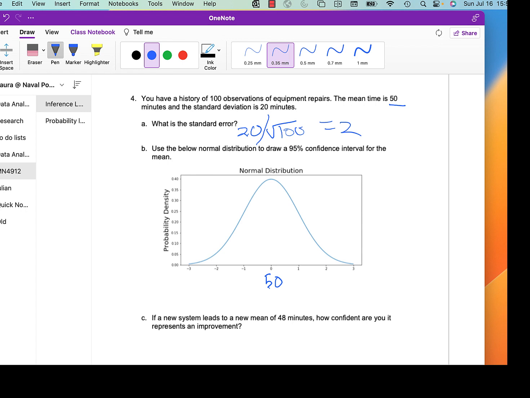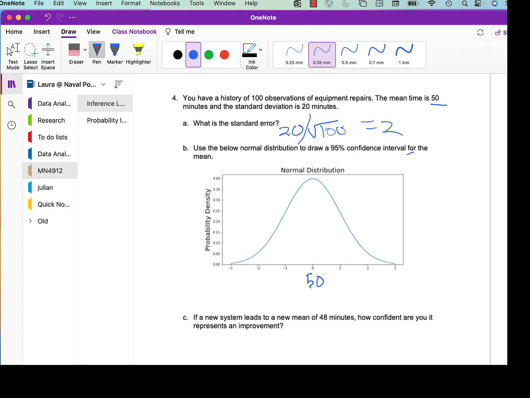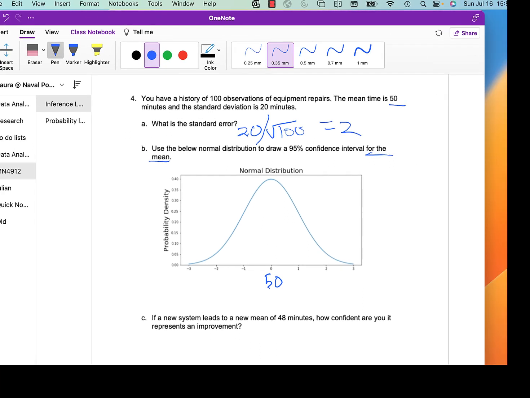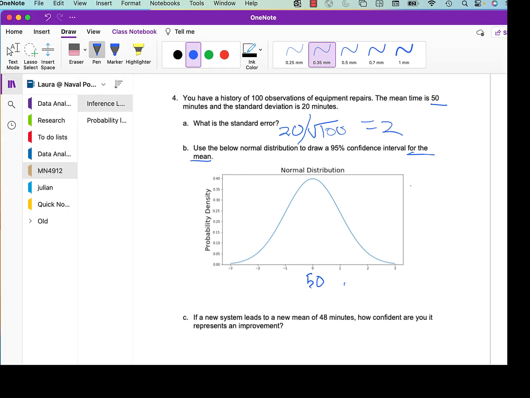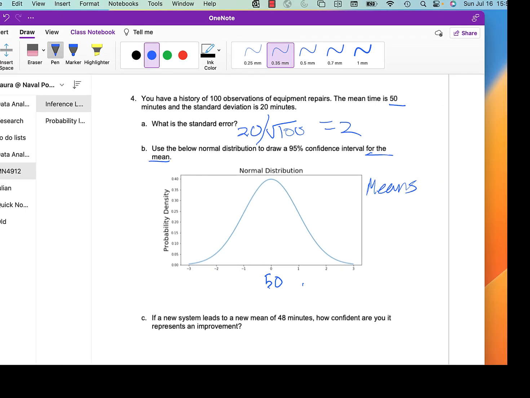All right, so our normal distribution for the mean is not the normal distribution for the sample, right? For the sample, if we assumed it was normal, the standard deviation would be 20. So one standard deviation would be 70, then 90, then 110. But for the means, we expect them to be much more tightly clustered.